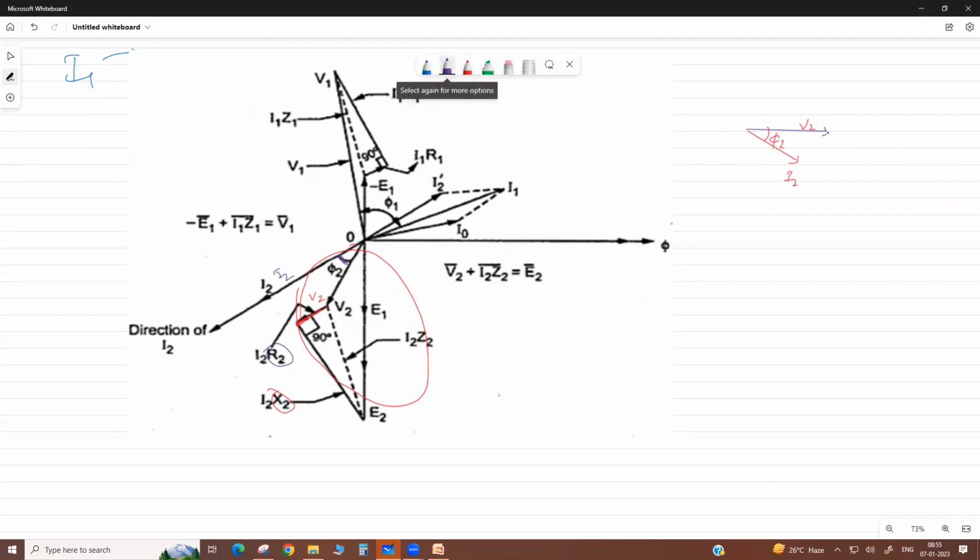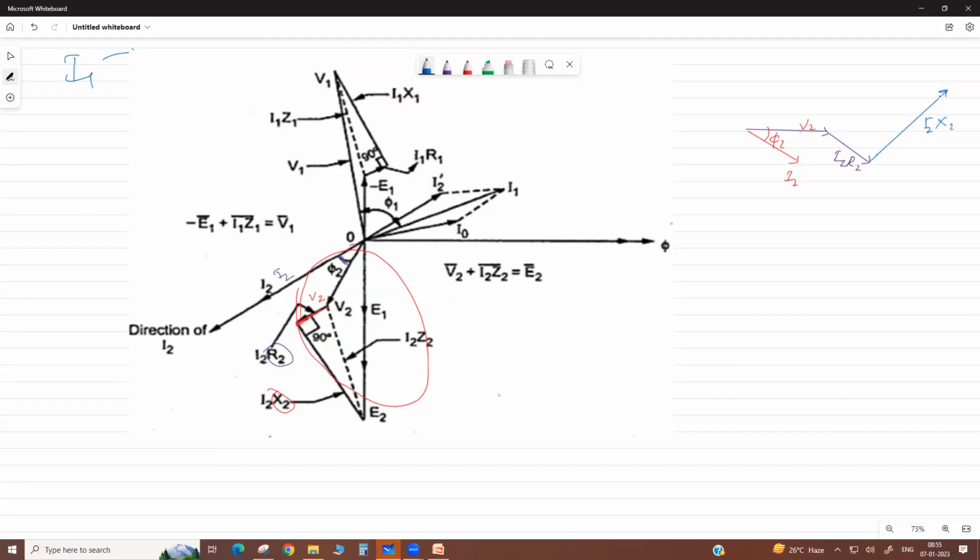Now the drop in resistance is parallel with current, so it is like this. This is the drop in resistance due to secondary resistance only. Here we do not consider the total resistance, only the secondary side. Then the drop in reactance is perpendicular to this. This is I2 X2.